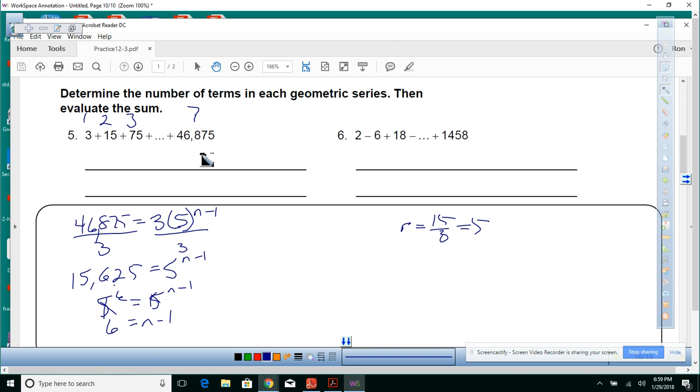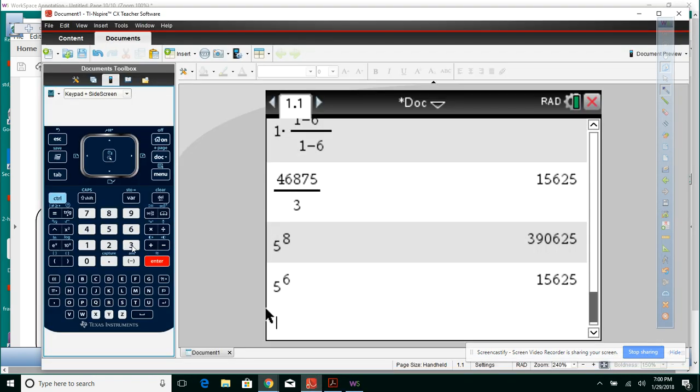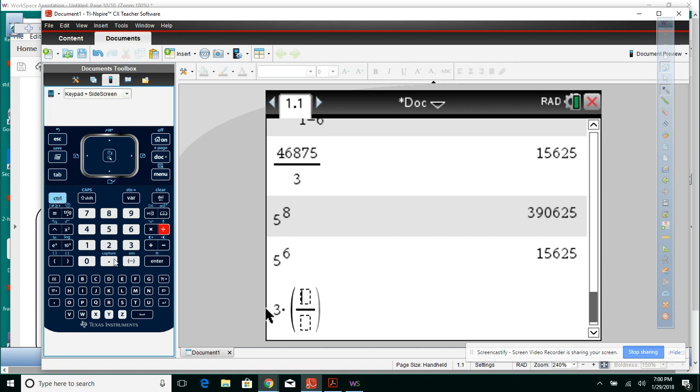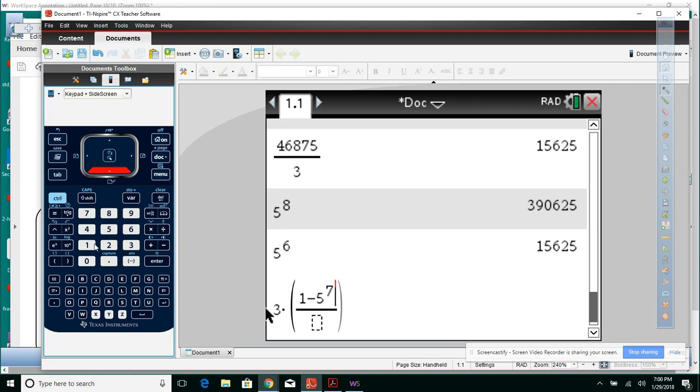All right. So n equals 7. Next, I need to figure out the sum. So S sub 7 equals 3 times 1 minus 5 to the 7th power over 1 minus 5. So what do we got here? 3 times open parentheses, control, divide, and we have 1 minus 5, I think it was the 7th power, over 1 minus 5.